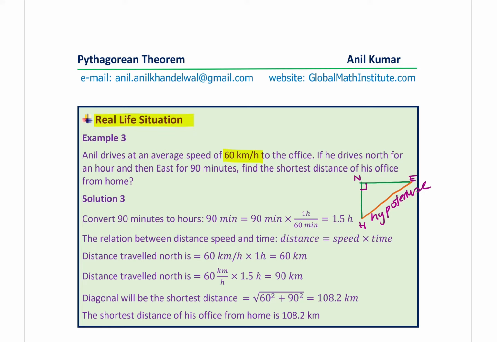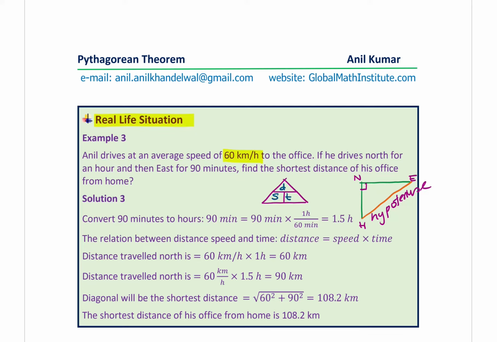Perfect. Also remember that distance, speed, and time are related with this particular triangle. So in short, to remember, distance d is the product of speed and time. Correct?